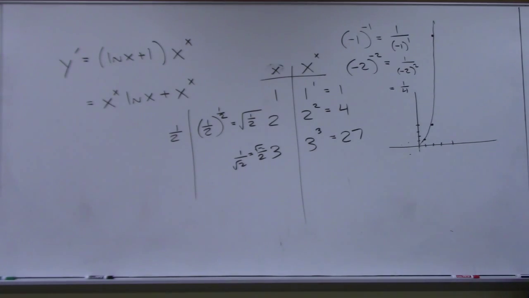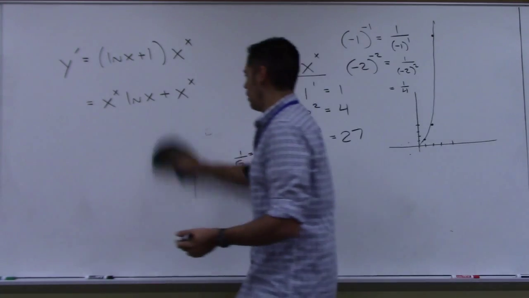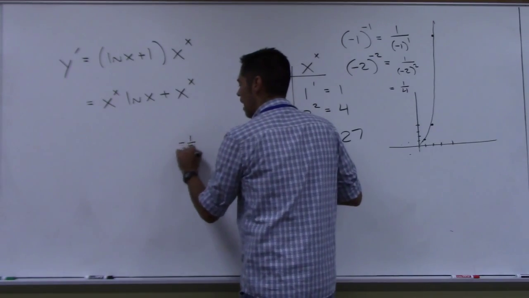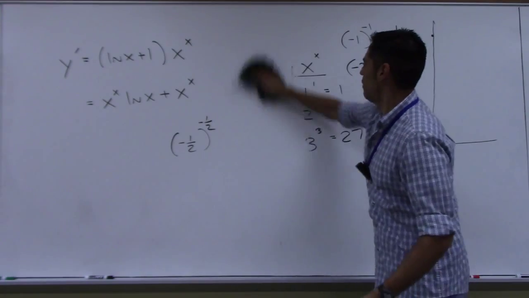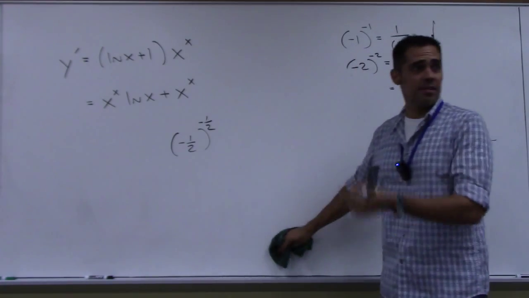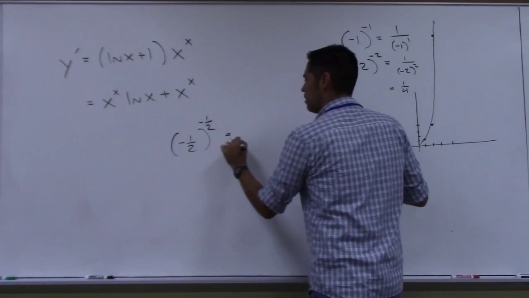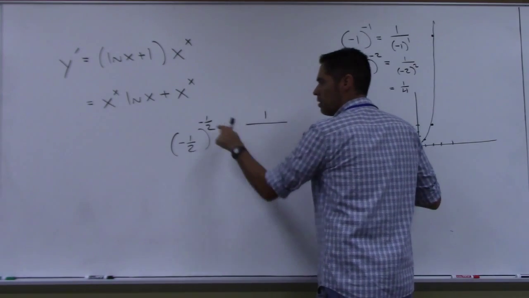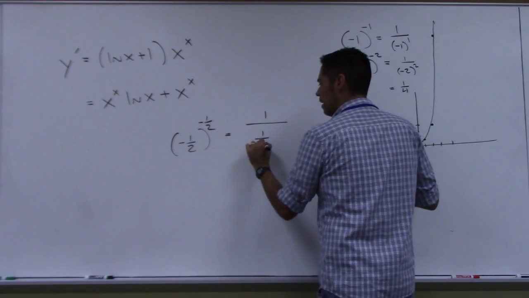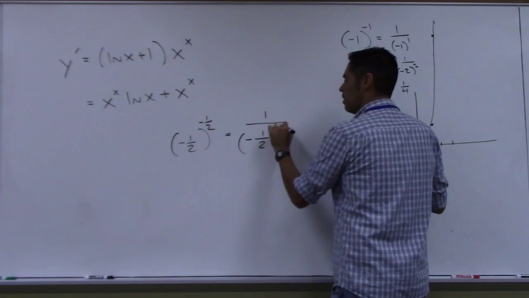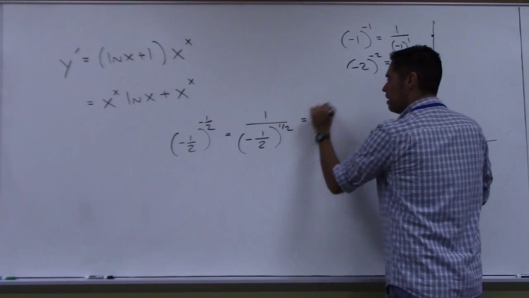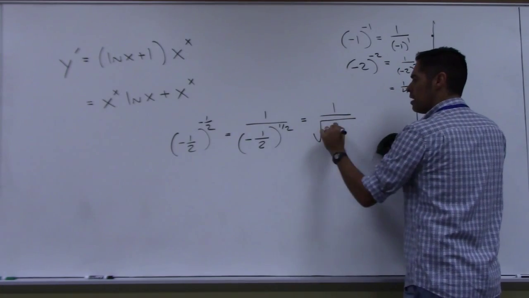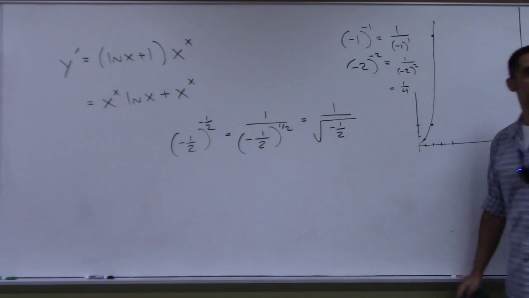Let me try and give you an example here. What's negative 1/2 to the negative 1/2? That's x to the x. This means 1 over negative 1/2 to the positive 1/2. But what does 1/2 really mean? Square root, so that's the square root of negative 1/2. Uh-oh.